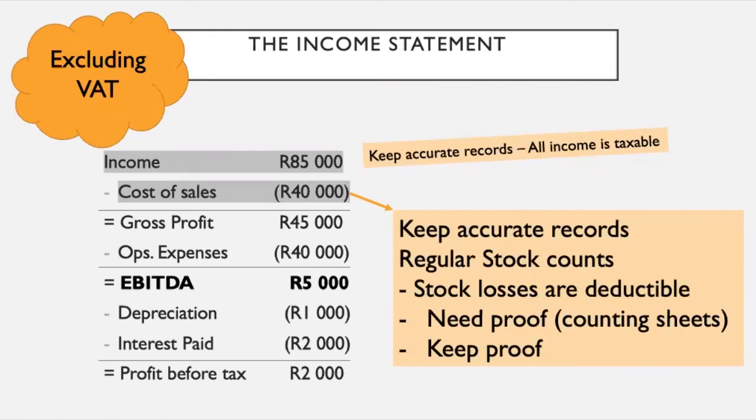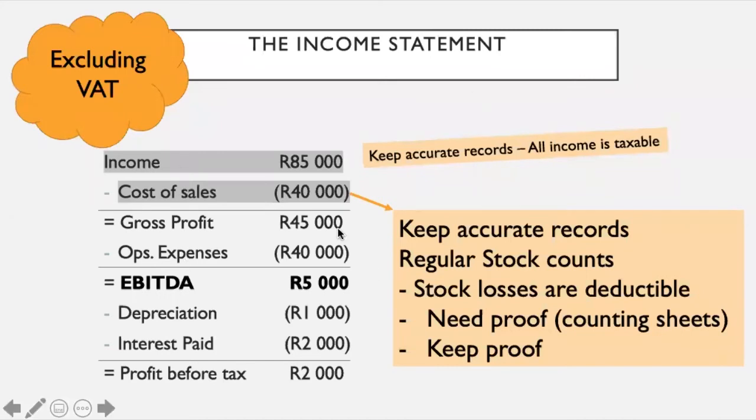So if you do your stock counts, you realize based on what there should be and what there really is that there's a box of fittings missing, it should indicate on your counting sheet. And you need to keep that proof of stock losses for 5 years.